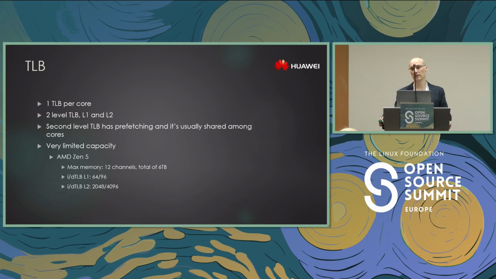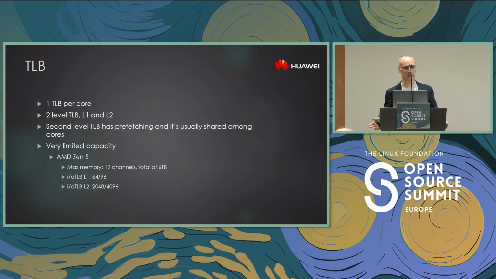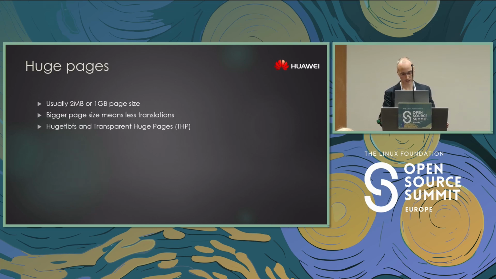The amount of memory available in servers increases a lot faster than the TLB size, which means eventually we will have more TLB misses, and this will slow down translations.